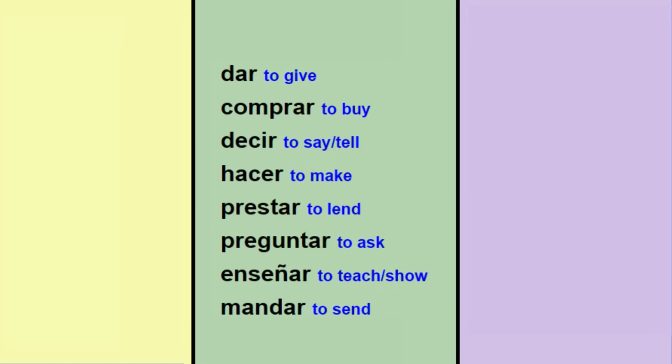Hacerme. To make me. And remember, the me or the te or the le, it just sticks onto the end of the word. What would it mean if I said hacerme una pizza? To make me a pizza.